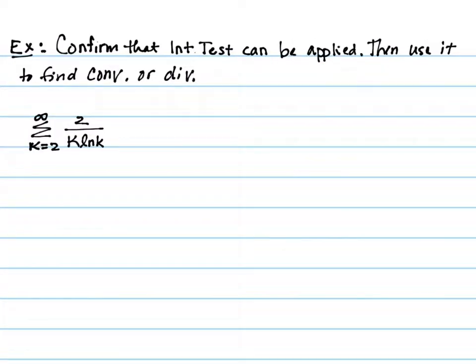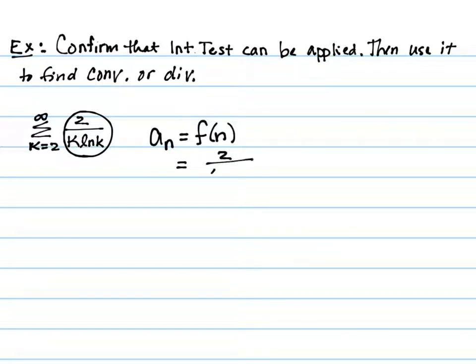So this piece right here is going to be the a sub n that matches up to the f of n it's talking about, which means we're looking at the function 2 over x natural log of x. We're talking about whether it is continuous, positive, and decreasing.